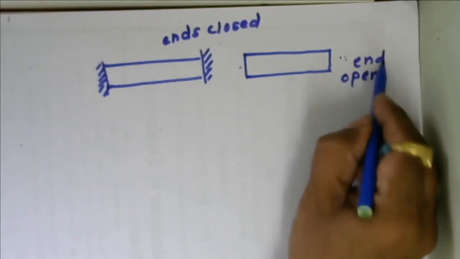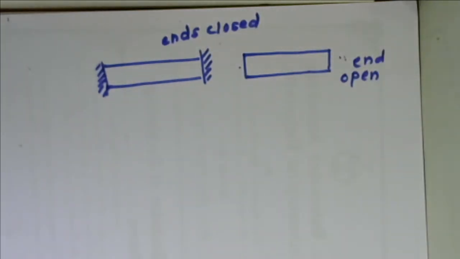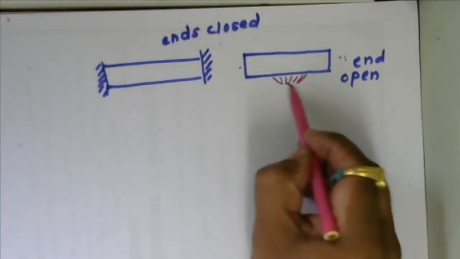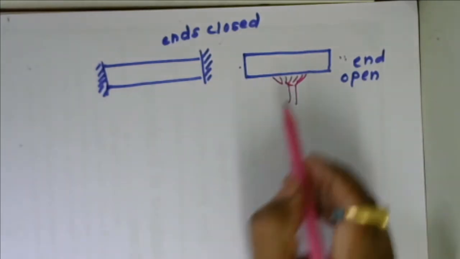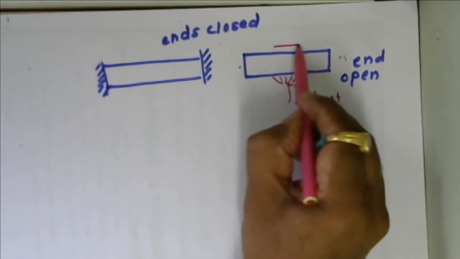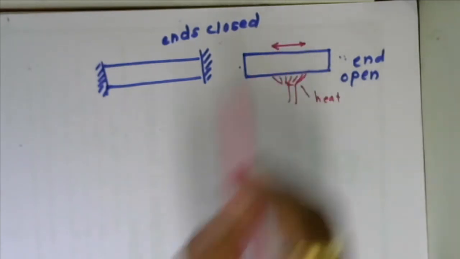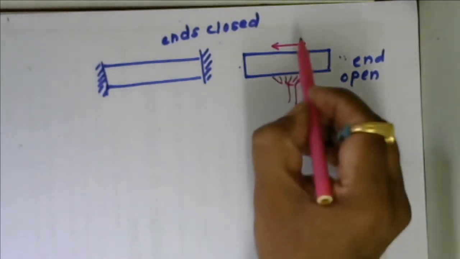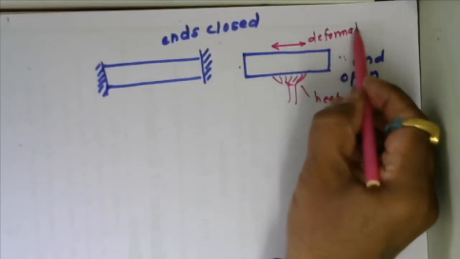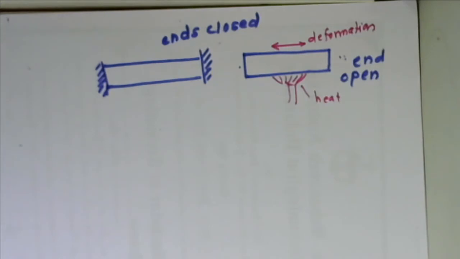Now in that case, if we apply the heat in that section, what happens? This bar deforms. Deformation takes place, and the change in length will be there.